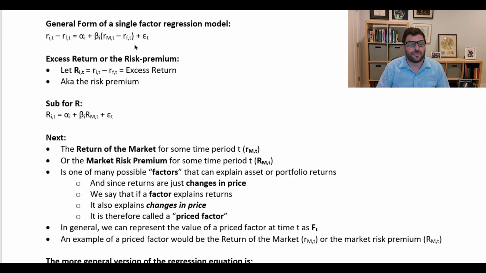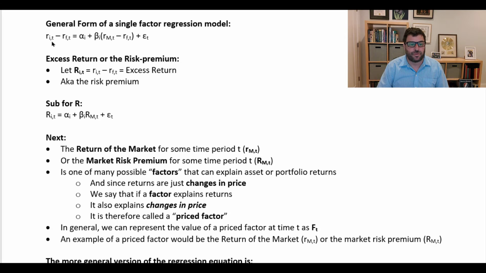So again, this is the general form, but we're going to make a quick switch in notation. We're going to let capital R equal the return minus the risk-free, which is going to equal the excess return or the risk premium. And so we can rewrite this equation with little r i minus little r f. We can just write it as big R i, and we know that it really is the risk premium.